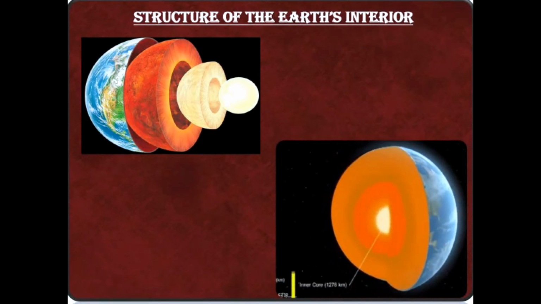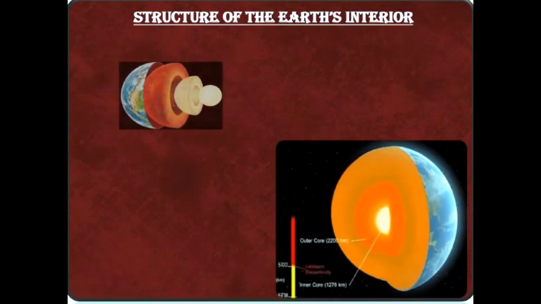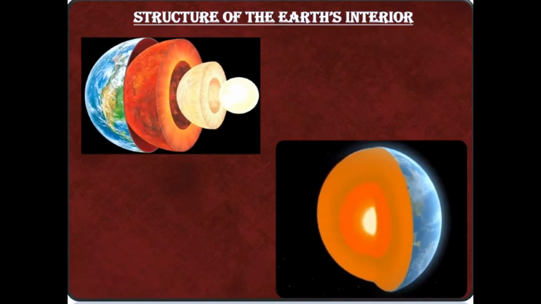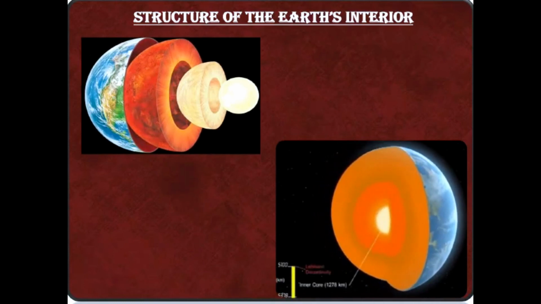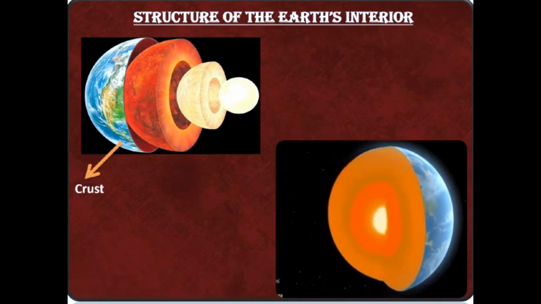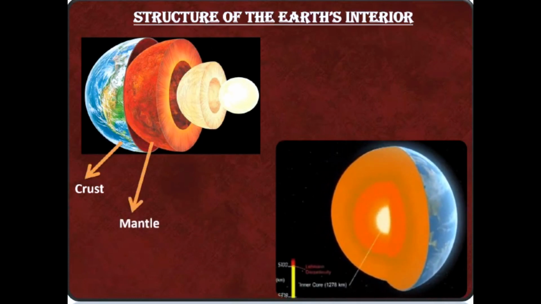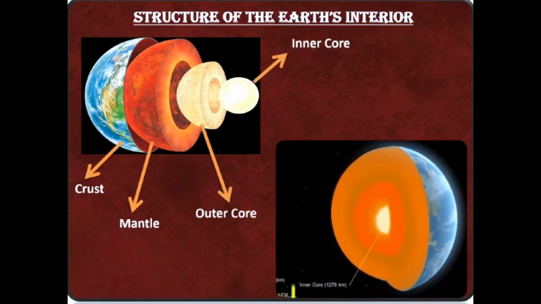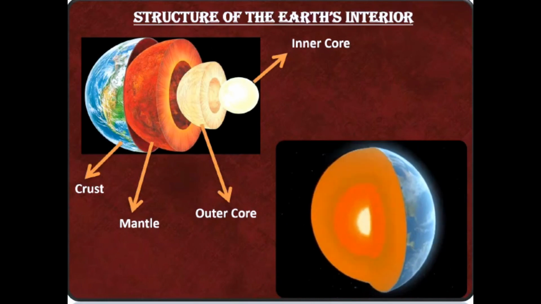Students, you can see here the diagram showing the structure of the earth's interior. The structure of the earth is divided into four major components. That is, the first, that is the crust. Then below the crust we have mantle, and below the mantle we have outer core and inner core. Each layer has its unique composition, physical state, and can impact life on the earth's surface.